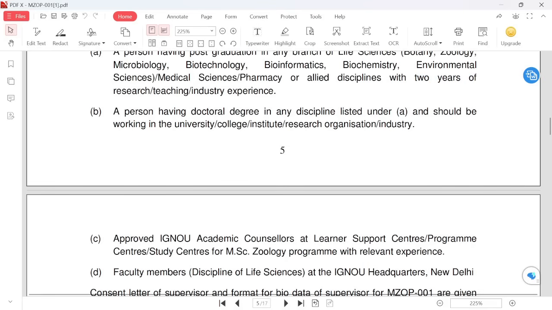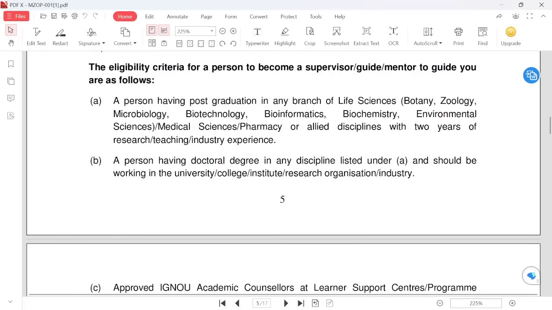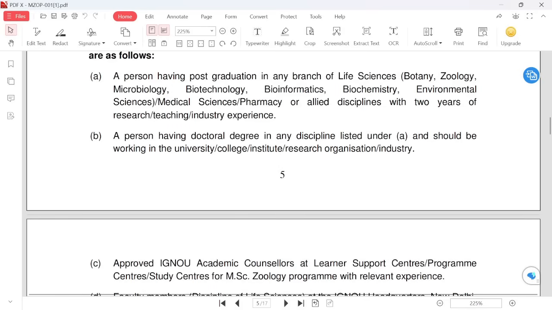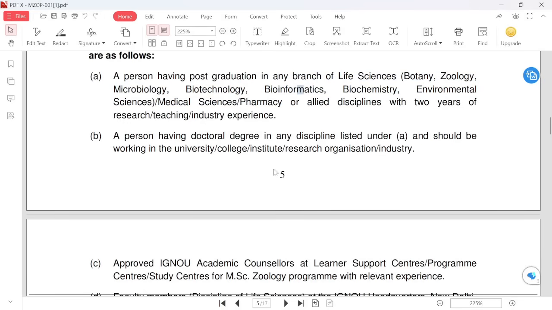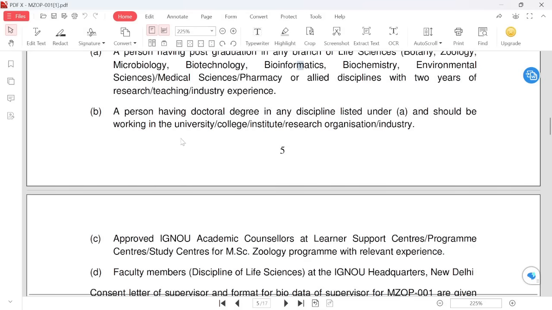A person having a doctoral degree in any discipline listed here, and should be working in a university, college, institute, research organization, or industry. So here's another qualification, that he must be holding a doctoral degree in any of these disciplines and must have teaching experience in universities and colleges.